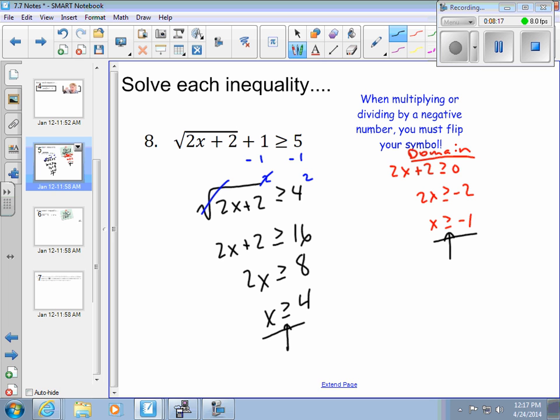So in this one, this is just your answer here. We don't need to include the domain, because if you're greater than 4, you're automatically going to be greater than negative 1. Having this is just kind of redundant. It's just saying it twice. As long as we're bigger than 4, we'll definitely be bigger than negative 1.